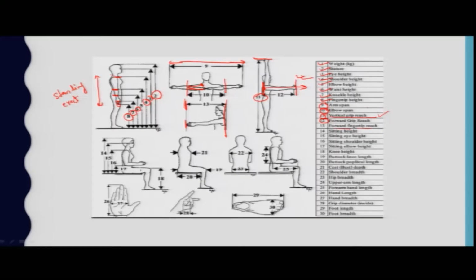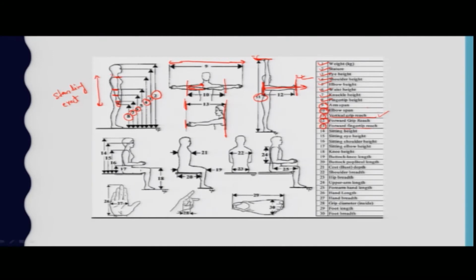It is the vertical distance from the floor to the topmost point at the stretching condition of your hand. So this point to this point is known as vertical grip reach. As far as forward grip reach is concerned, if you are not extending your fingers, only extending your hand, the limit up to which your hand is going is your forward grip reach.